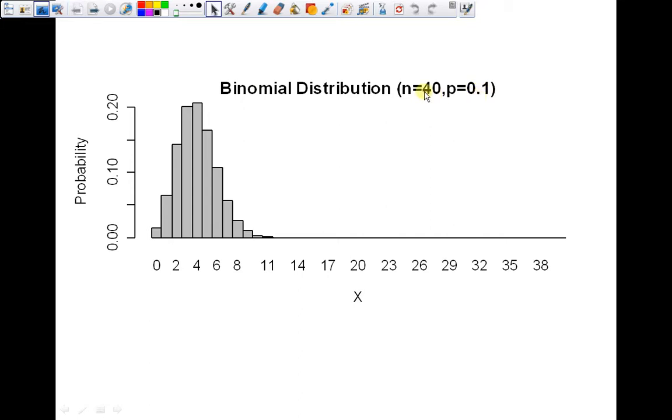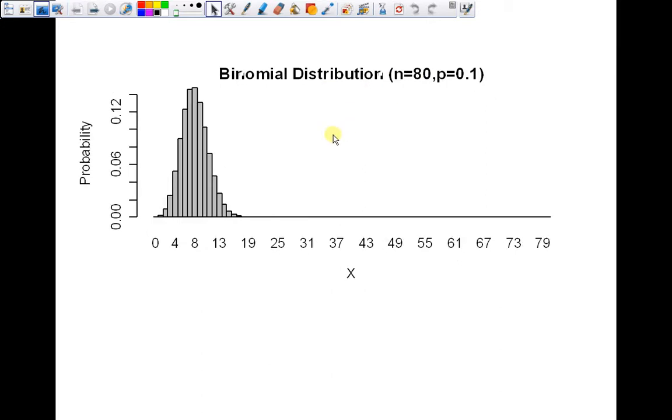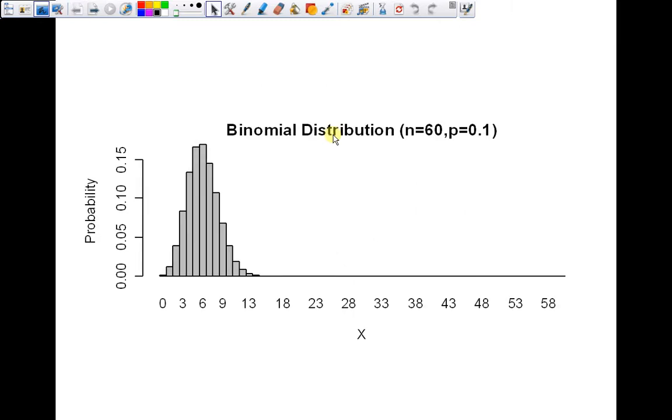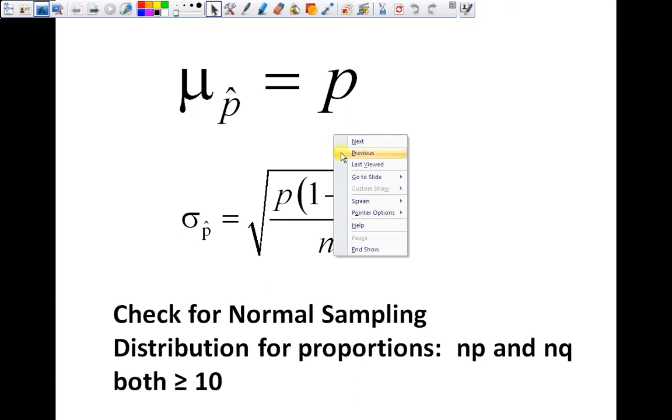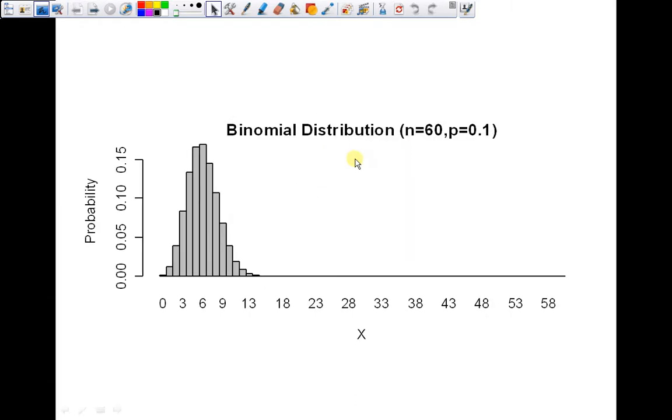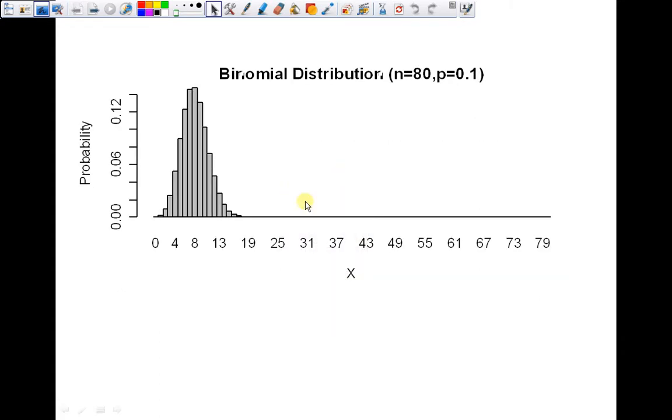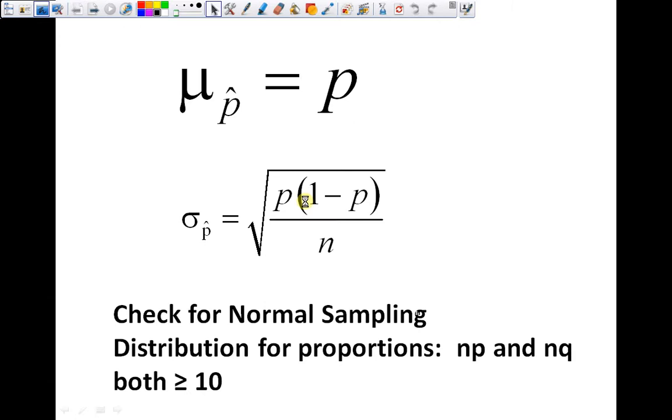But when N got larger, N equals 40, it becomes less skewed. It's becoming more normal. And as you can see, as N equals 80, it becomes even more normal. That's N equals 60, but I went back, I put those in opposite order there. But you can see as N gets larger, the more normal it gets.